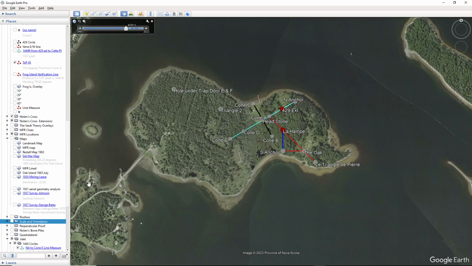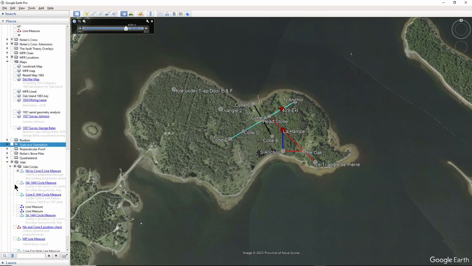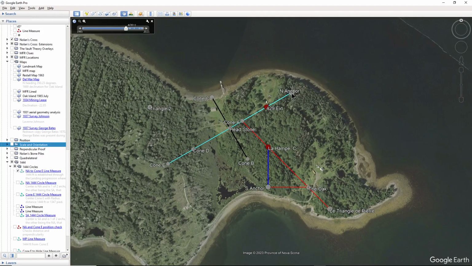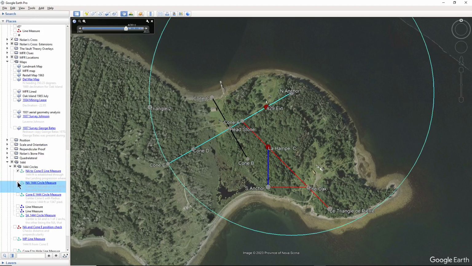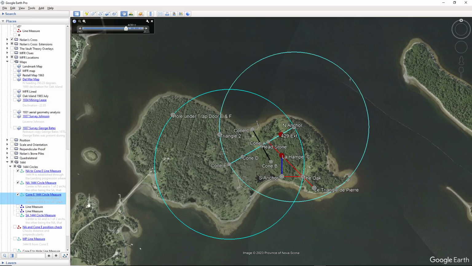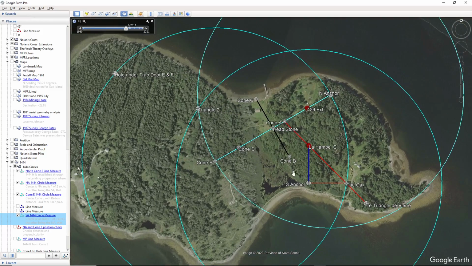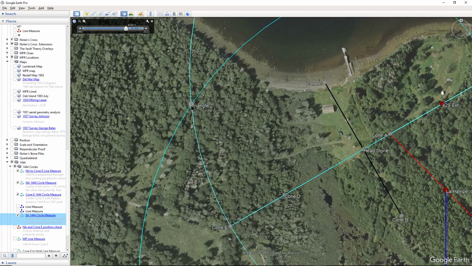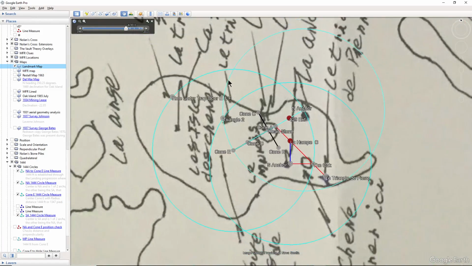And when we employ that unit of measure, 1347, in the form of circles, and we put one at the ends of the extended Nolan's cross here, one on the north anchor and one on cone E, and one on the south anchor, which we just discovered, what we find on the Zena-Halper map is that the north and south anchor circles intersect at the position that is, let me put the landmark back up, triangle 2.